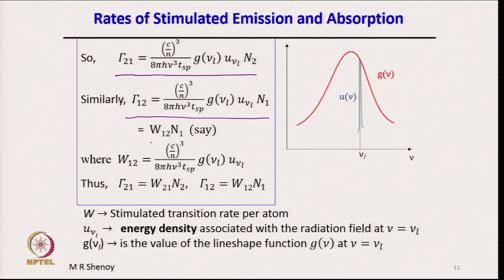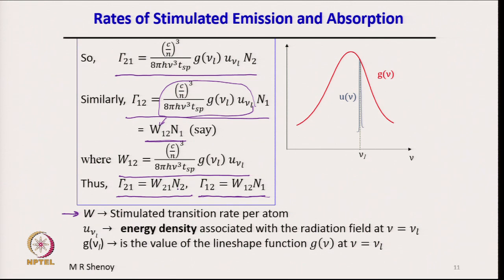If we call this entire term W12, then we can write gamma 21, the rate of stimulated emission, equal to W21 into N2, and the rate of absorption equal to W12 into N1, where W is called the stimulated transition rate per atom.